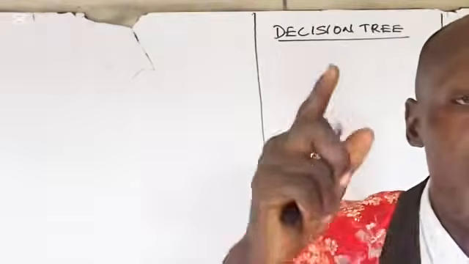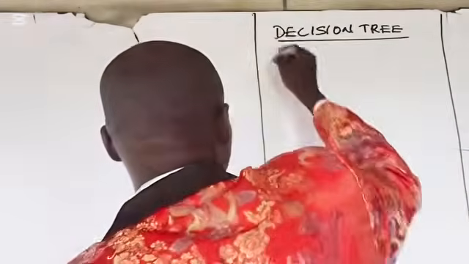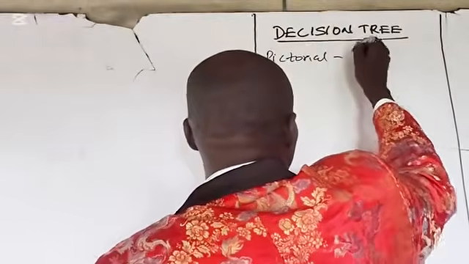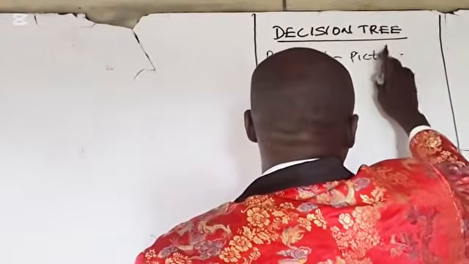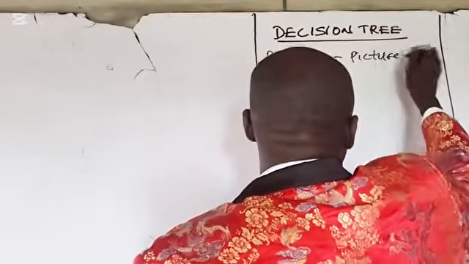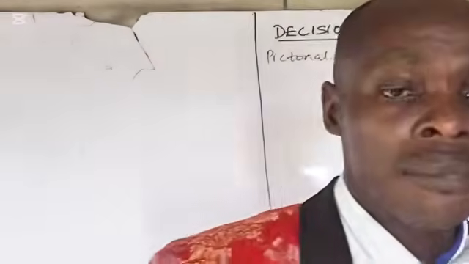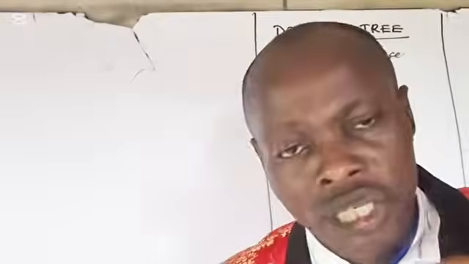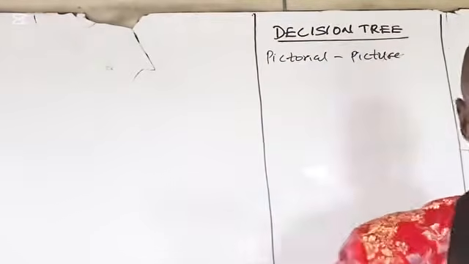A pictorial diagram, from the word picture, pictorial: a diagram that shows a series of interrelated decisions and outcomes on nodes.